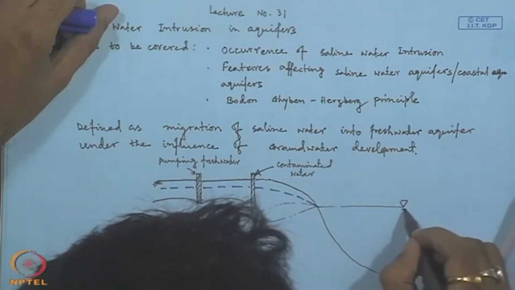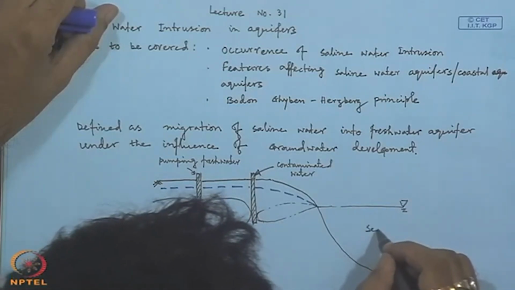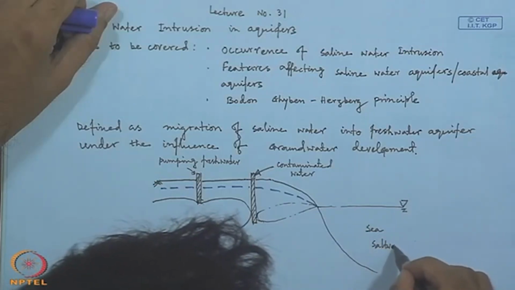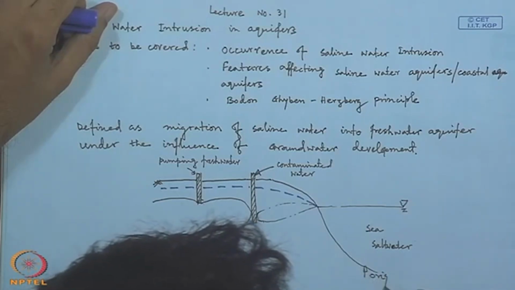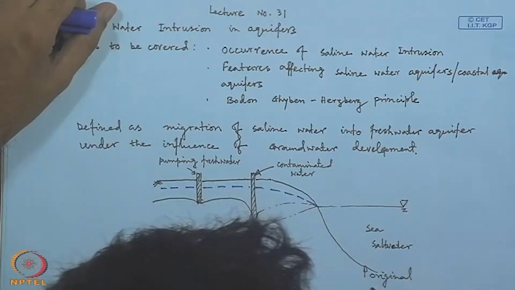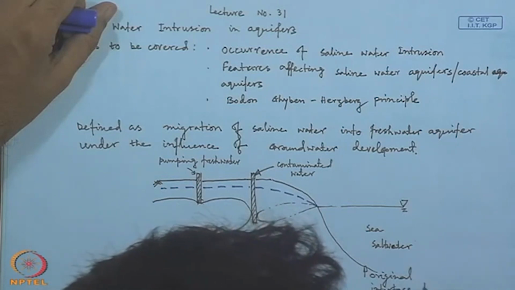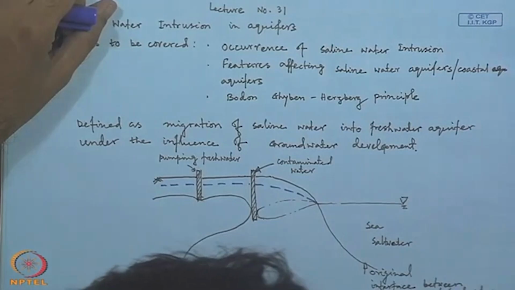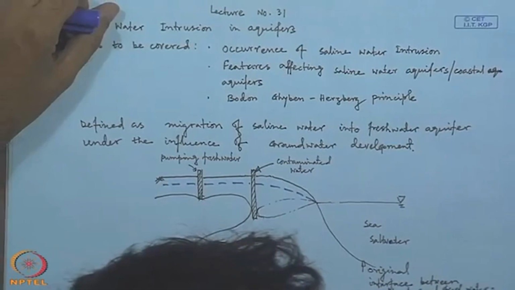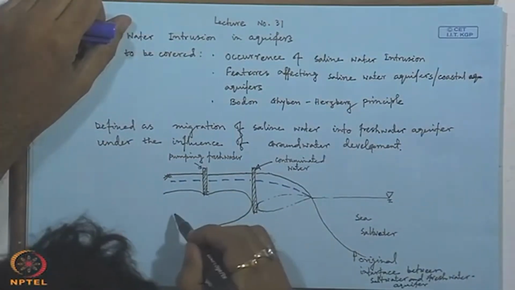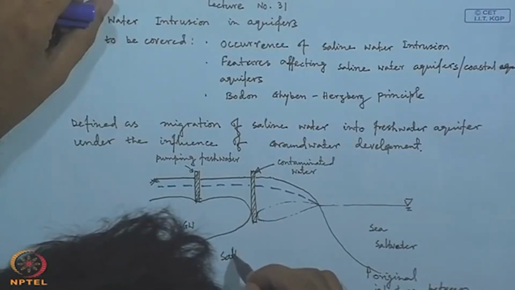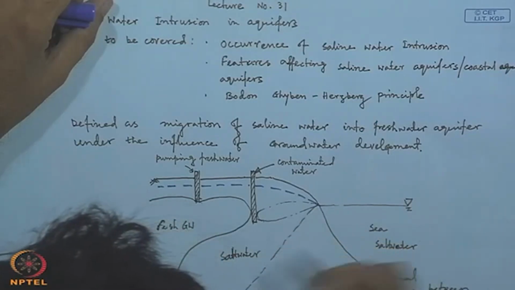This is our sea surface, or this is your sea, and basically this is the position of salt water, and this is our original interface between salt water and fresh water aquifer, and this is our location for fresh groundwater, and this is salt water, and this is our interface location.